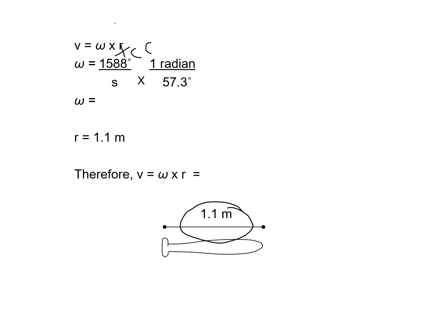There are 57.3 degrees per radian, so now we have 27.7 radians per second. We multiply that 27.7 radians per second by 1.1 meters, and we get that if the bat contacted the ball, that ball would then travel at 30.5 meters per second. Hope that makes sense.